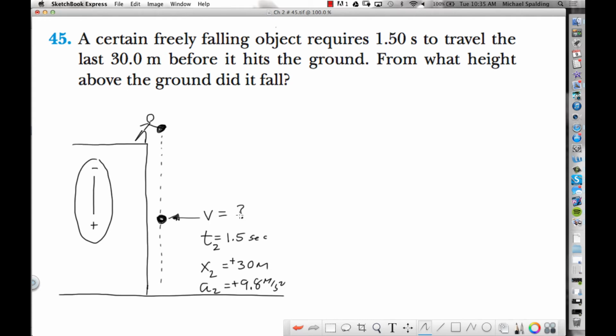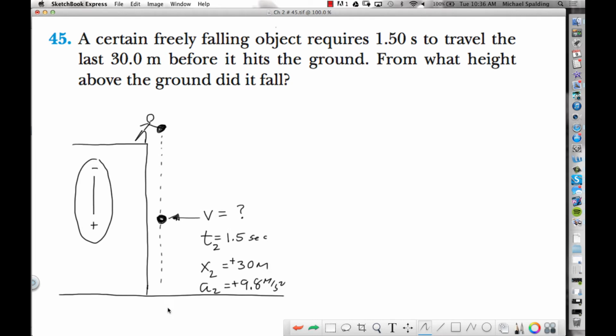What should we call that velocity? Should we call it v final or v initial? Well, the answer is it's both. It's v final if we're focusing on region 1, and v initial if we're focusing on region 2. So that velocity connects the first part of the fall and the second part of the fall.